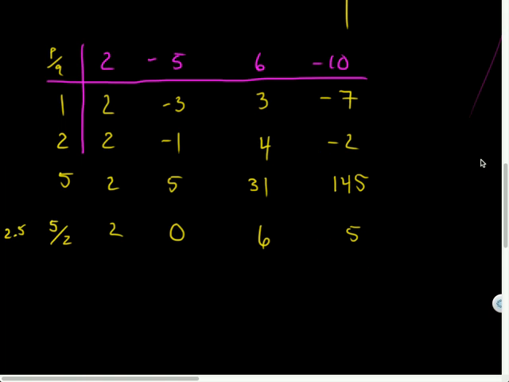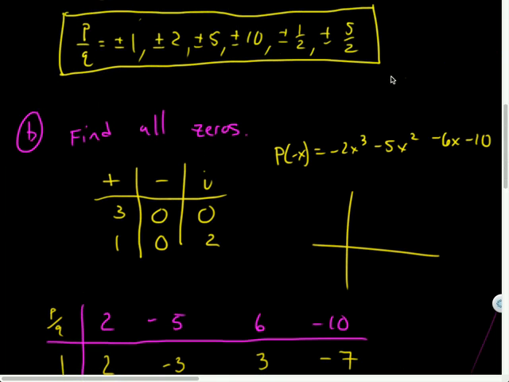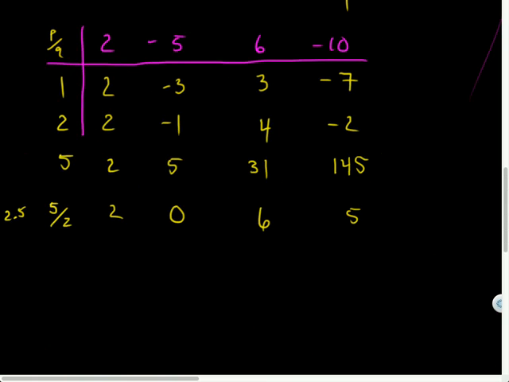The bad news for us is we don't have any numbers between 2 and 2.5. So that means I am expecting, I know that there is a 0, but it must be irrational.